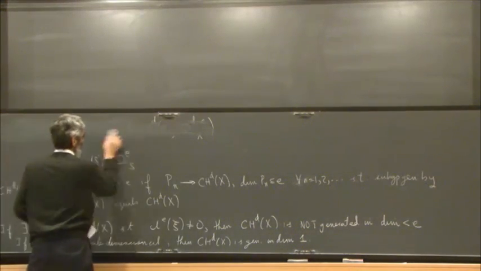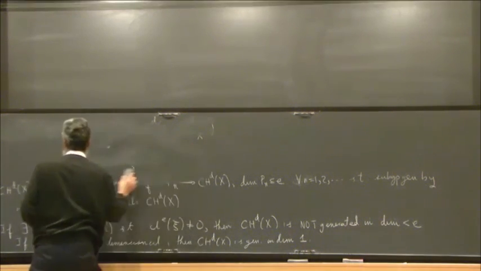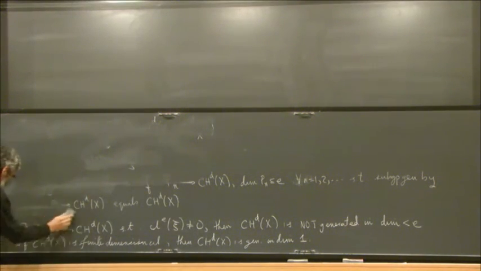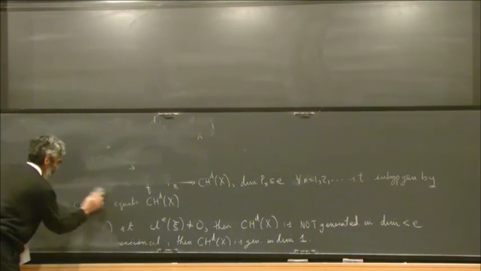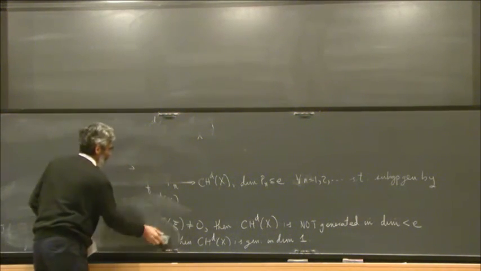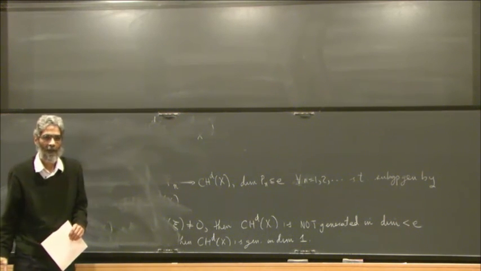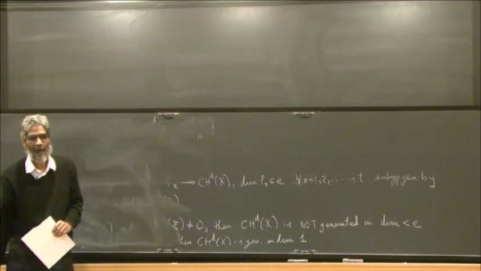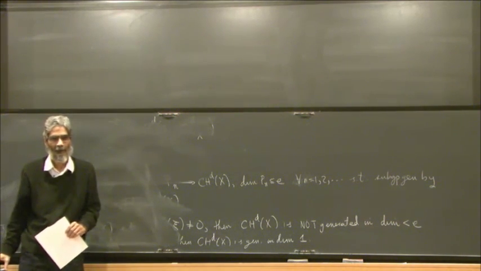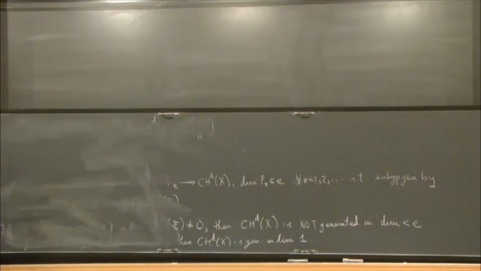So going much slower than I should. All you have is a codimension 2 cycle. Let's work with 3-folds.